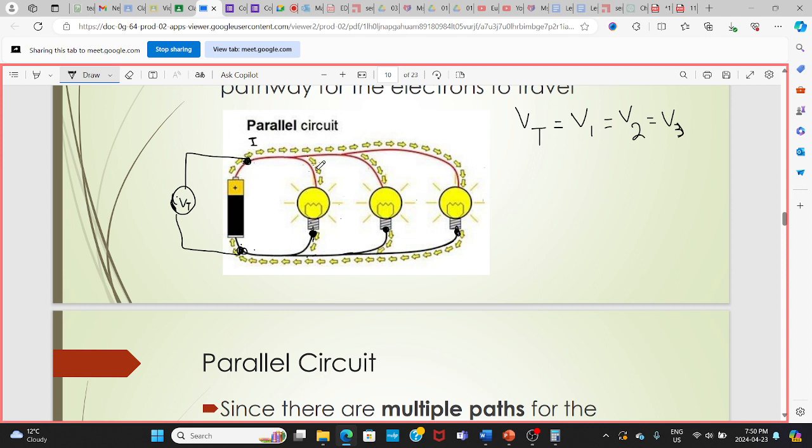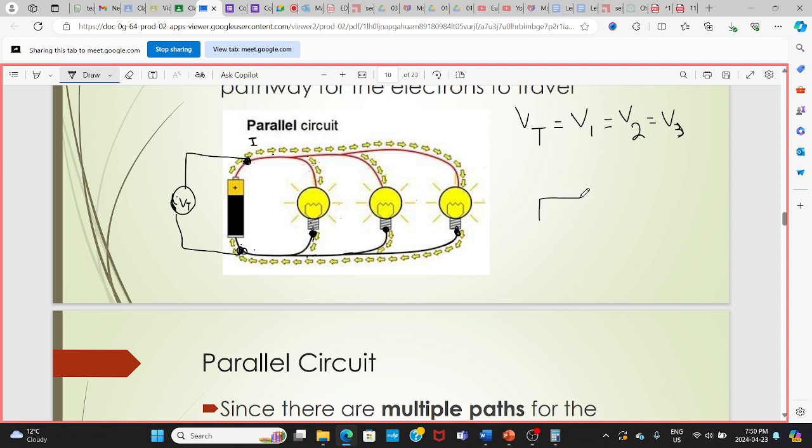Then some of that will be diverted. Some of this current goes through the first light bulb, some of that goes through the second, and some of that goes through the third. So the actual current will be divided into the three paths, right?